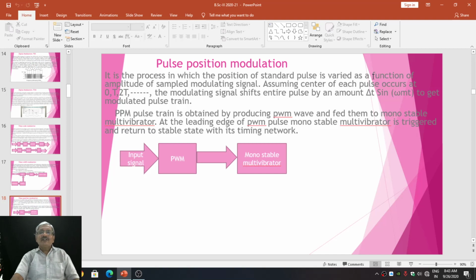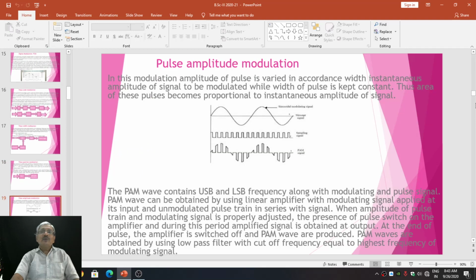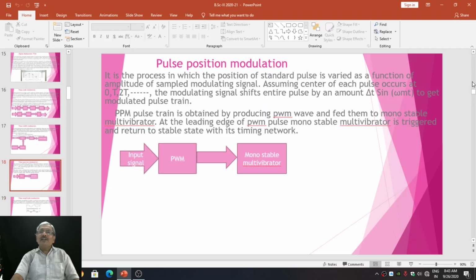But as the amplitude of the sampled modulating signal changes at each instant of time, accordingly the position of the pulse changes. So, meaning thereby, the position of the pulse is shifting as per the variation of the instantaneous amplitude of the sampled signal to be modulated.